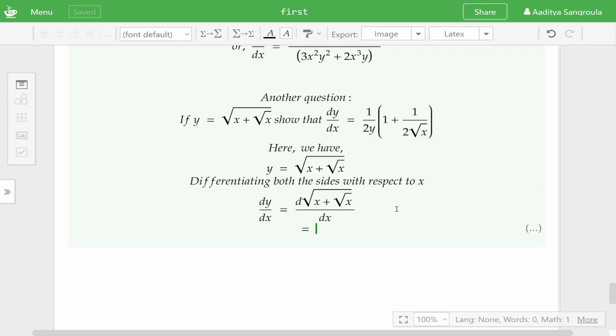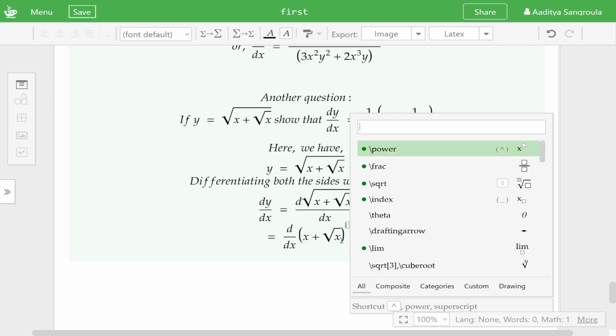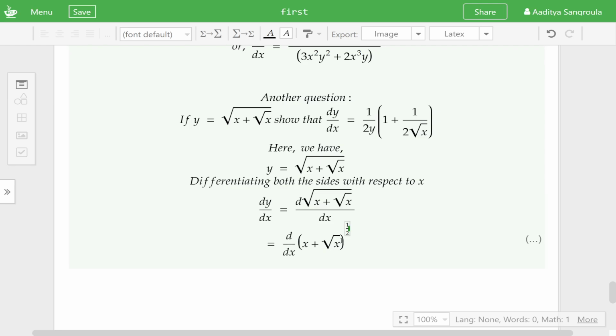If we look carefully, this can also be written as d over dx of this thing raised to the power 1/2, right?